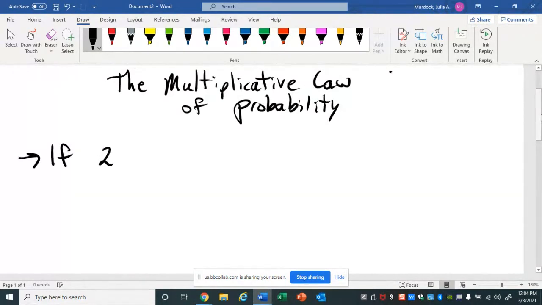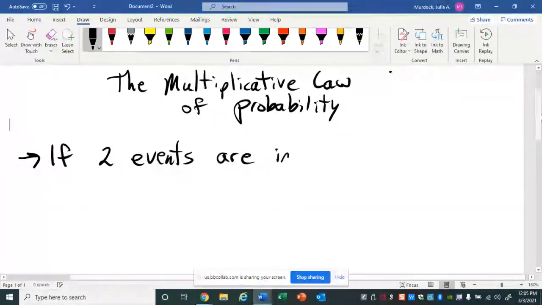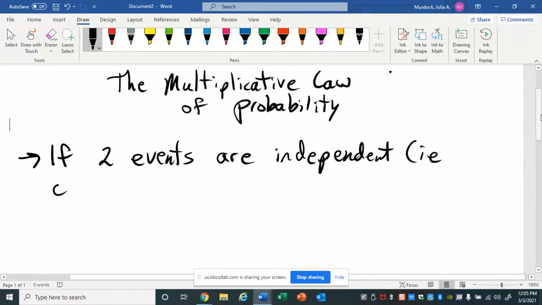If two events are independent, i.e. can happen at the same time, right? Can be true at the same time.